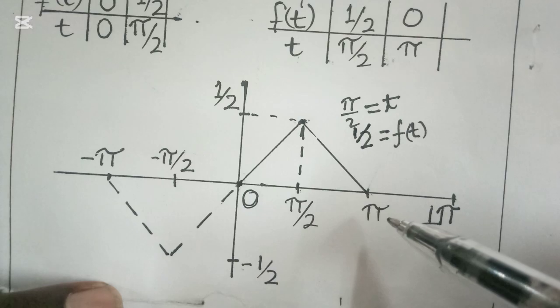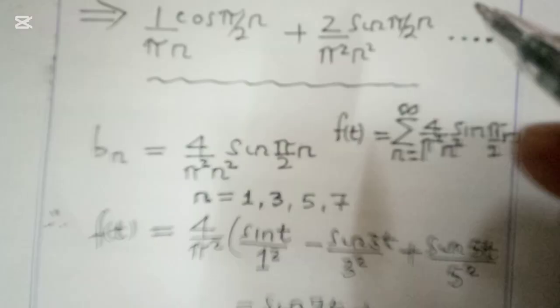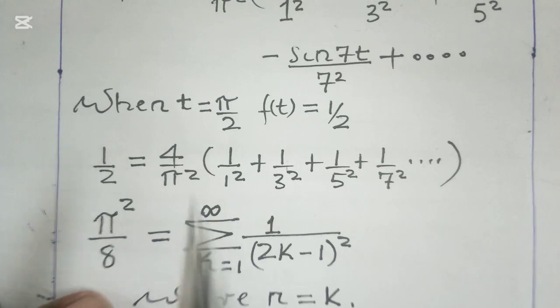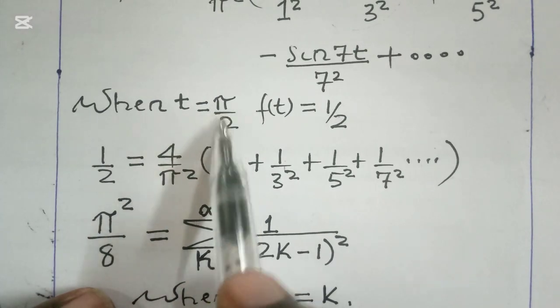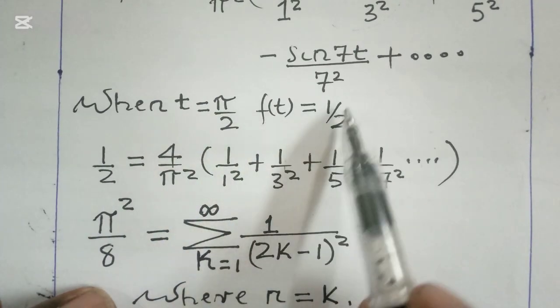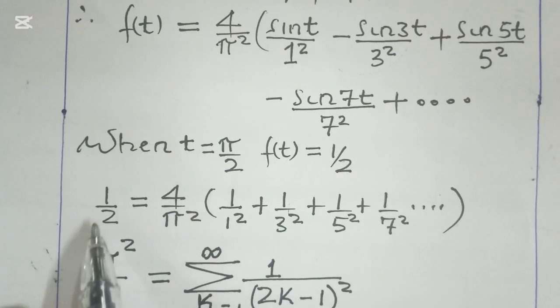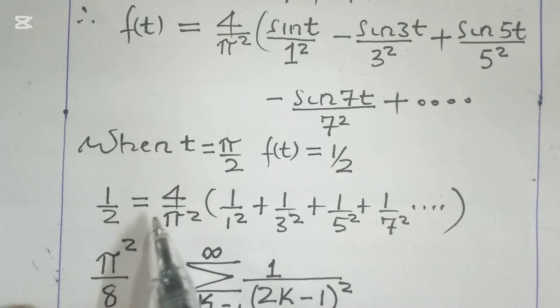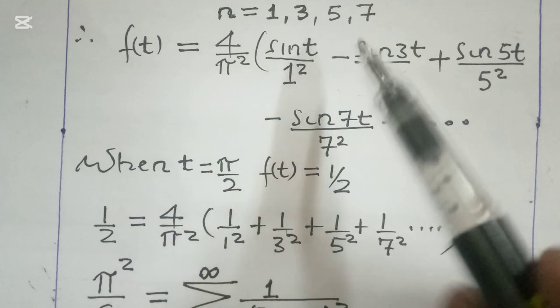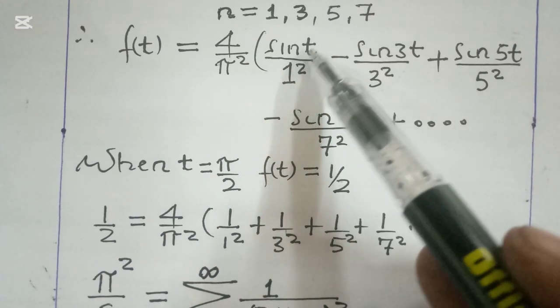It's actually a half. And so therefore, that's what I have written here, that when t is equal to pi over 2, f(t) is going to be a half. And so, guys, I now put a half there. And then this is equal to, you come and put now your pi over 2 there.